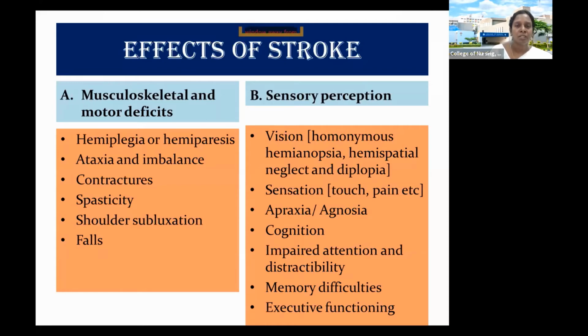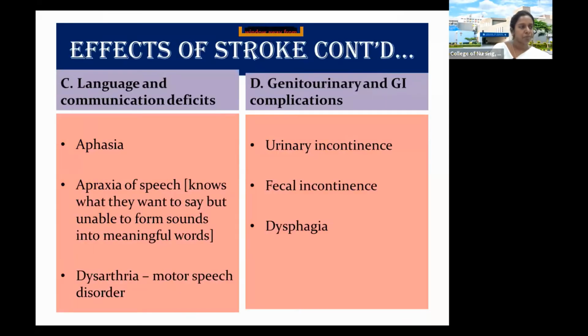They can have cognitive decline, they will not have judgment ability, or attention span will be reduced. They can have impaired attention and distractibility, memory difficulties, and executive functioning problems. The language and communication deficits that patients will encounter are aphasias.